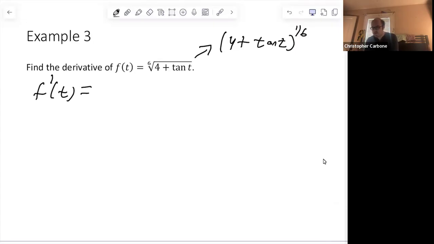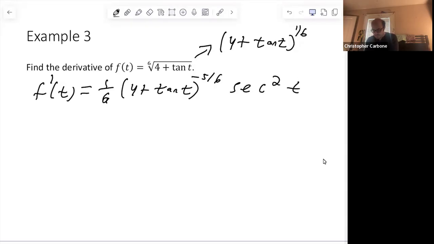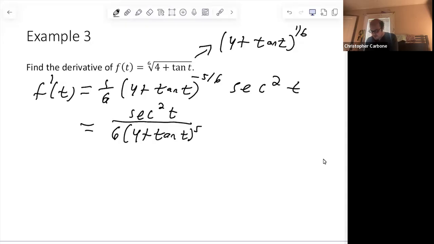So that 1/6 will come in front times 4 plus the tangent of t to the 1/6 minus 1, so negative 5/6, times the derivative of the inside, which will be the secant squared of t. So slightly rewriting this, this is the secant squared of t divided by 6 times 4 plus the tangent of t to the 5/6 power now, based upon this.